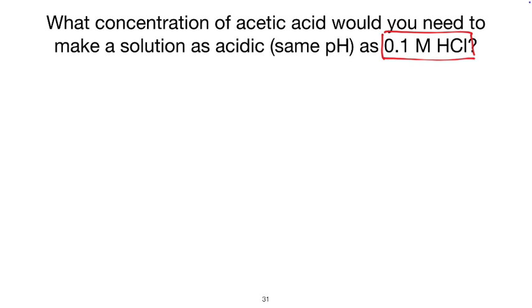H3O plus. The HCl immediately converts into our H3O plus. This is our 0.1 molar H3O plus. The 0.1 molar H3O plus at what point? At our equilibrium. That's what I'm trying to target. And I'm concerned about the acetic acid solution.